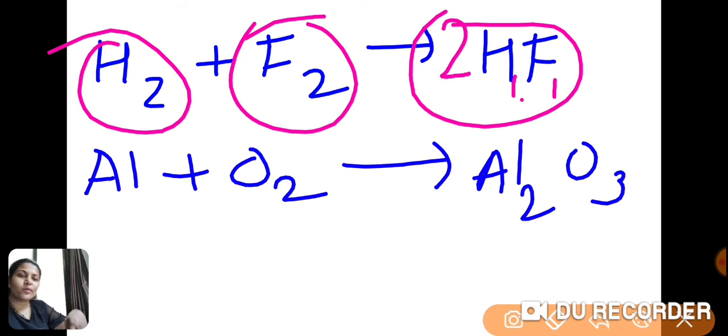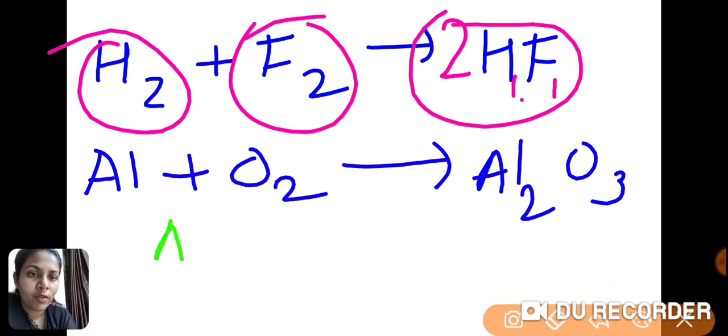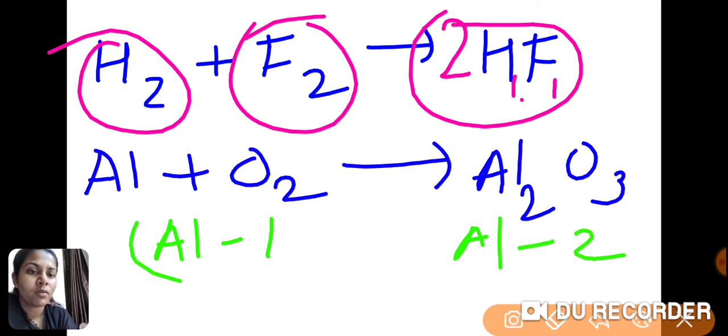So, in this type of reaction, what we need to compare first is 2 molecules of aluminum on this side and one molecule, and here 2 molecules of aluminum. So we need to multiply this with 2. Yes. Here 3 molecules of oxygen and here 2 molecules of oxygen.